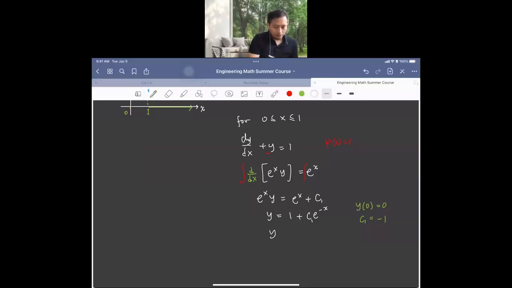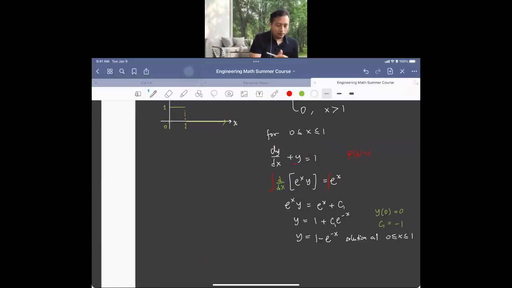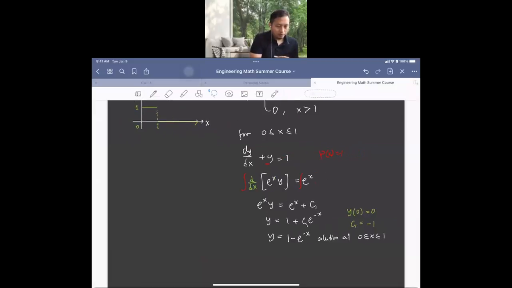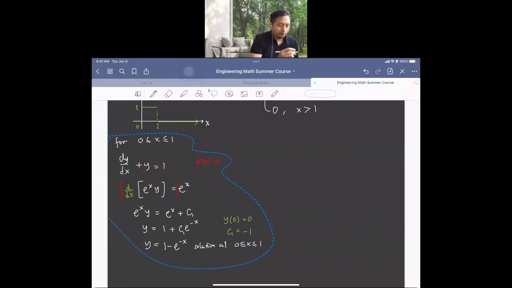Therefore, in this interval, the solution is 1 minus e to the power of negative x. Solution on the 0 to 1 interval.